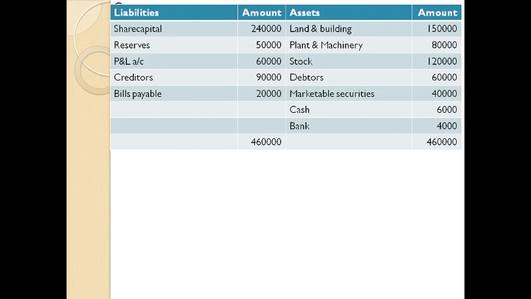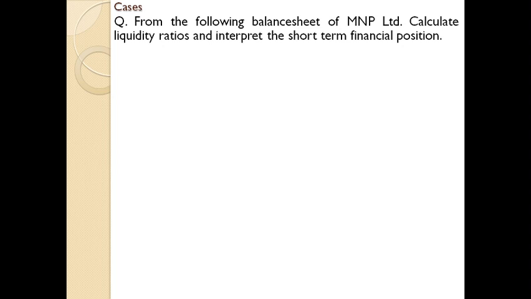In the question, it was asked to find the short-term financial position of the concern. Short-term financial position, so you need to find the liquidity ratios. Remember, under liquidity ratios, there are 3 types of ratios.